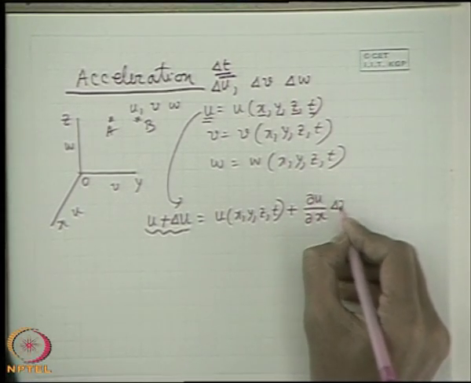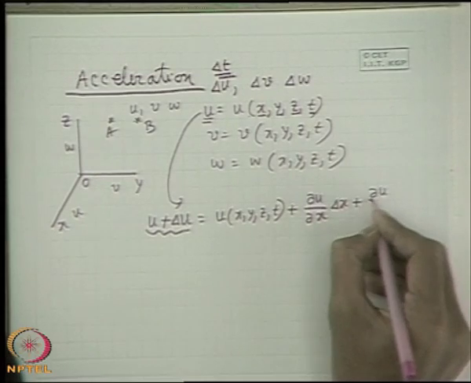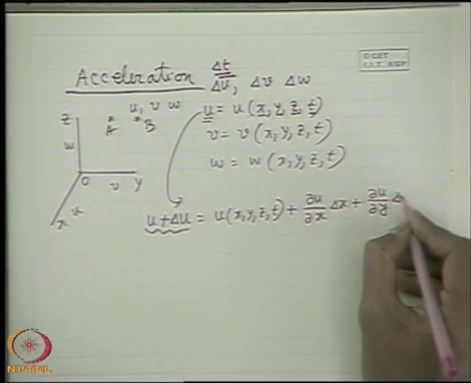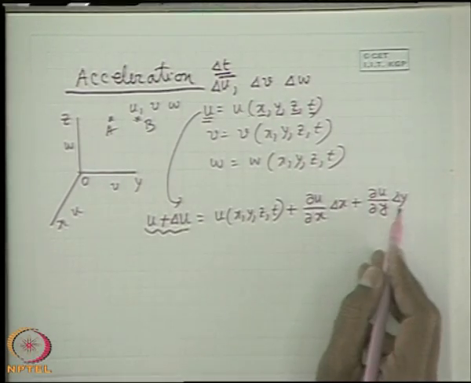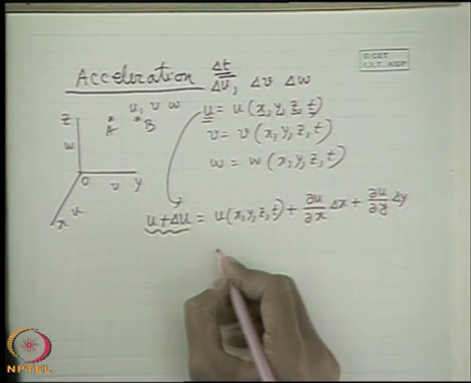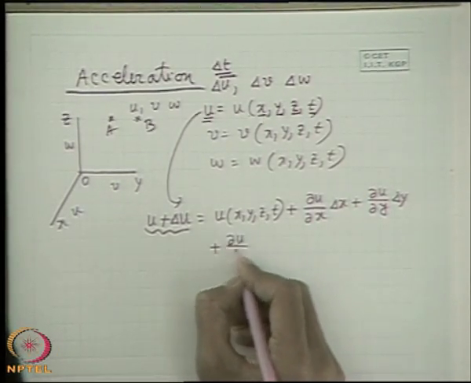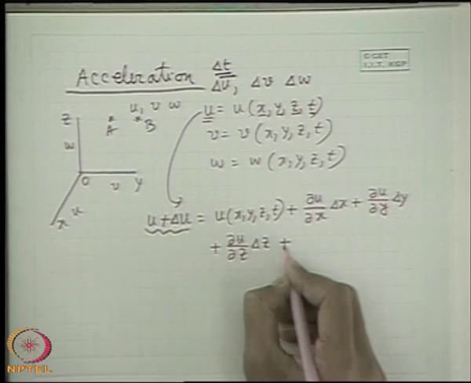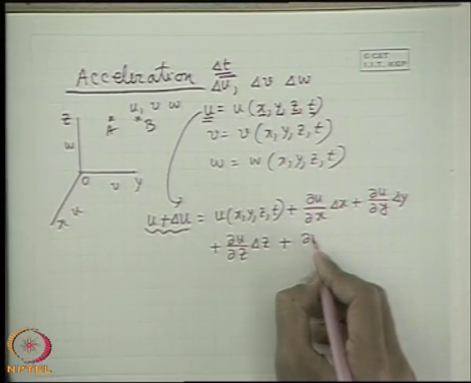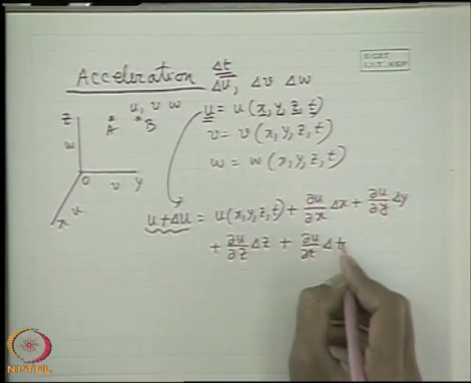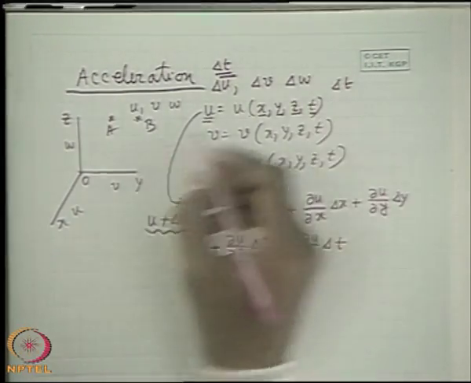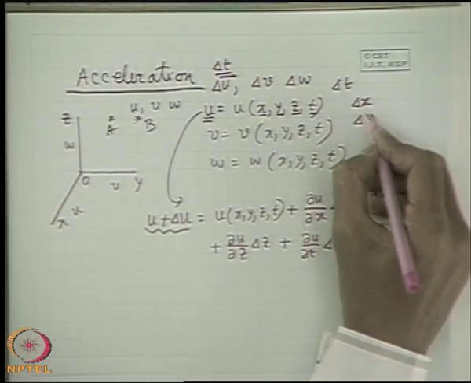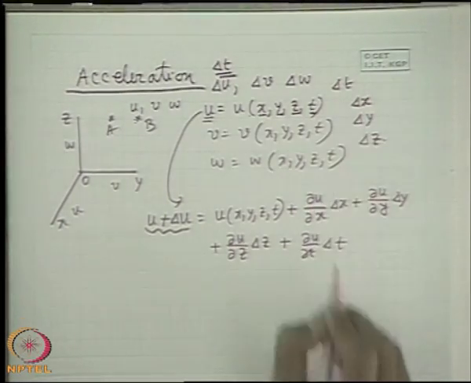So del u del x times del x, plus del u del y times del y, plus del u del z times del z, plus del u del t times del t. This is a simple Taylor series expansion. That means a dependent function is a function of its independent variables, and the change of this function is due to the simultaneous change of the independent variables. Here we assume that during this time interval delta t, the particle has moved from A to B, with the x coordinate changing by del x, the y coordinate by del y, and the z coordinate by del z.